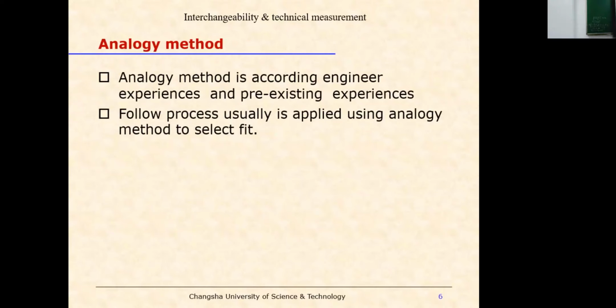So this means that if someone gives you the clearance or the interference, you design how to choose the class, how to choose the fit type, and then you design the tolerance grades.